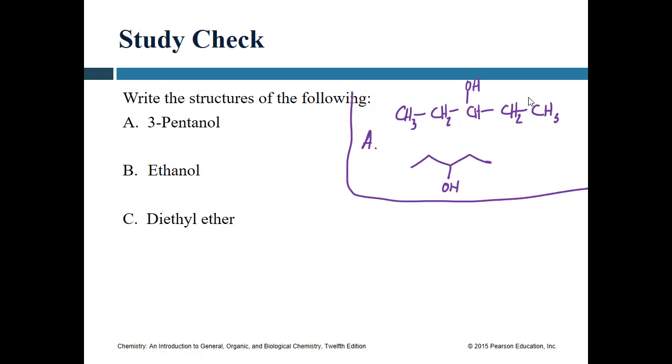I've got ethanol. How many carbons in the chain? 2. Ethanol, ether, ethylene, all those ETHs, that's a 2. So I've got a 2 carbon chain here.